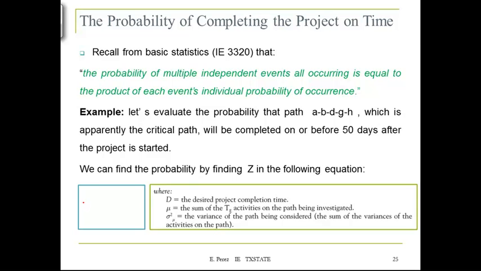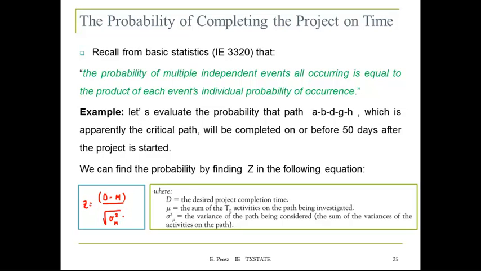Z is going to be equal to D minus mu divided by the square root of sigma squared of mu, which is the variance of the random variable.